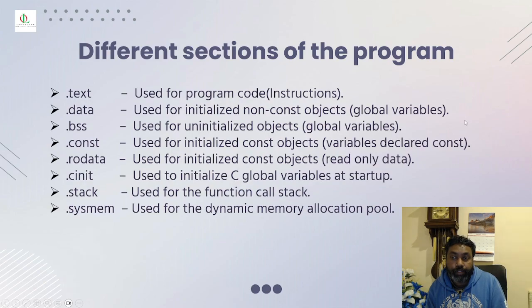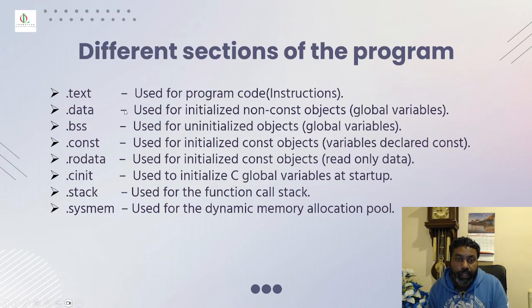Before I jump in to show you exactly what they are all in the form of writing the startup code file and dissecting it into the sections, I'm going to just briefly introduce what they are and what they have. The .text section will have all the program code. All the instructions will be in .text.